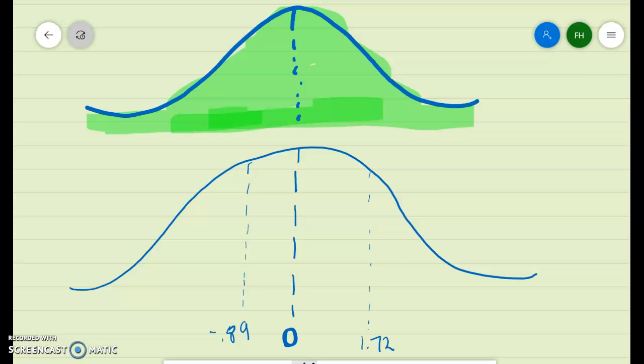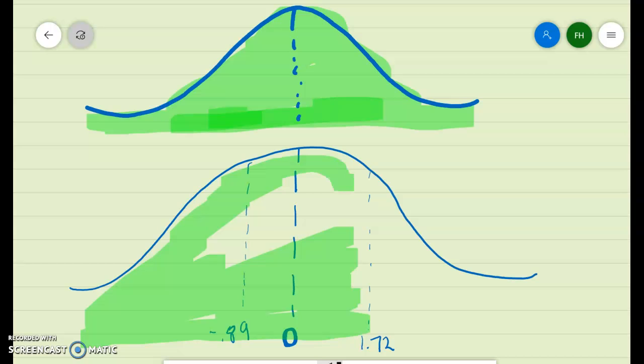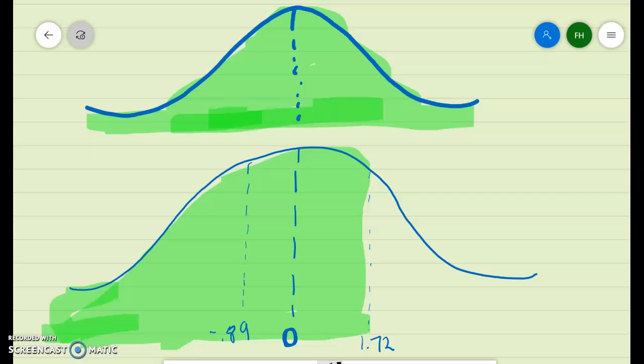So the first thing that I want to do is find the probability all the way up to 1.72. So that's going to give me everything in between those two values, but it's also going to give me a little bit more than I want, because everything less than 0.89 I don't want.